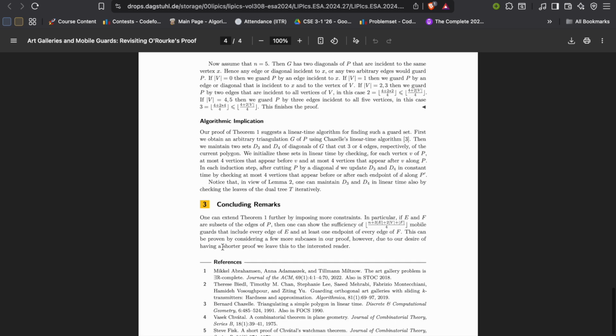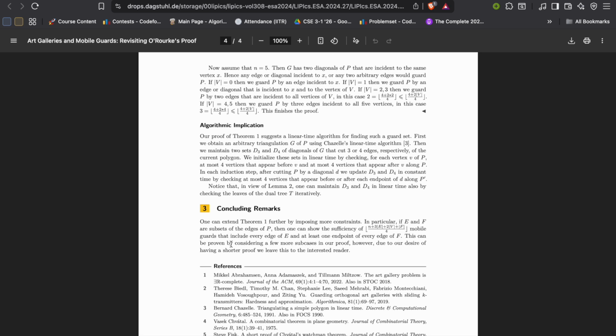There are a whole lot of lemmas that they have proved, but at last this is the algorithm that we have finally implemented. In this, we first compute a triangulation of the polygon using Chazelle's linear time algorithm. We then maintain two sets of diagonals, D3 and D4.